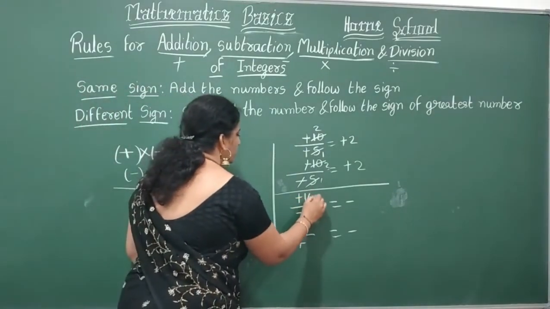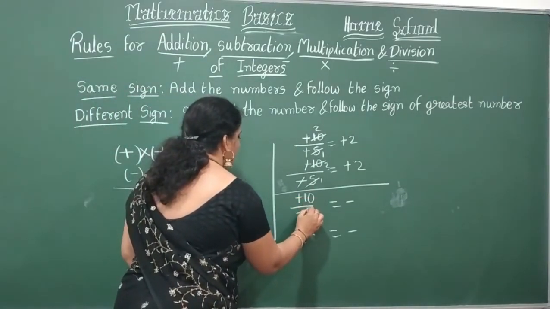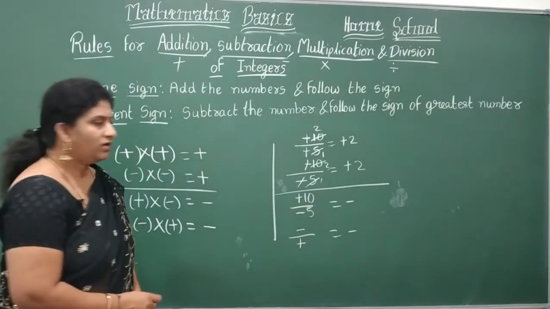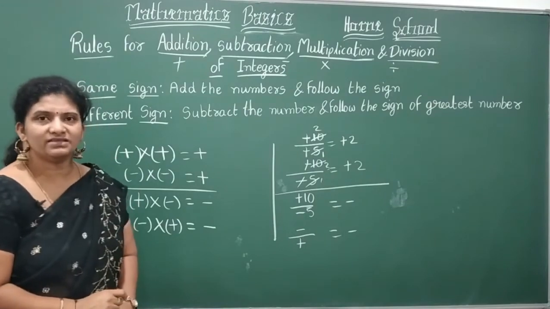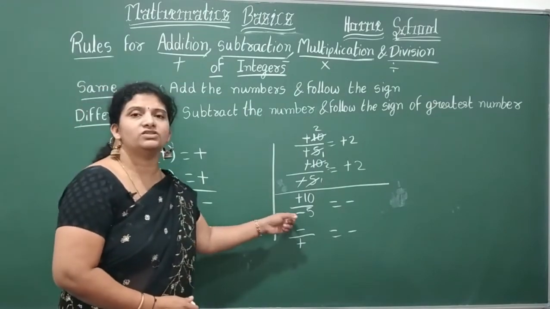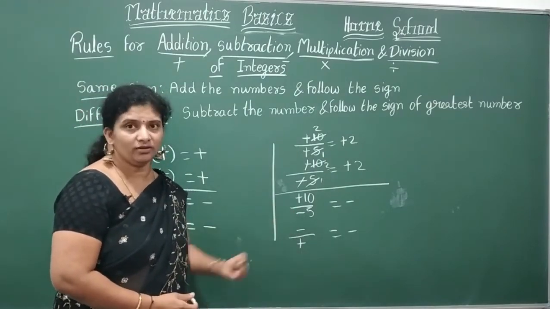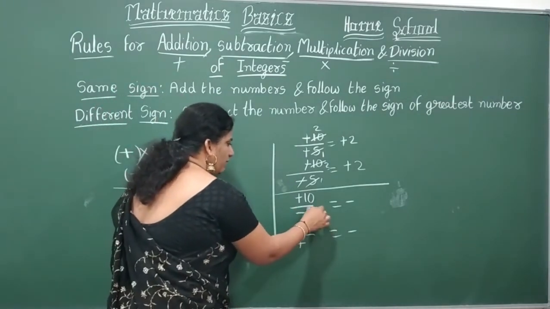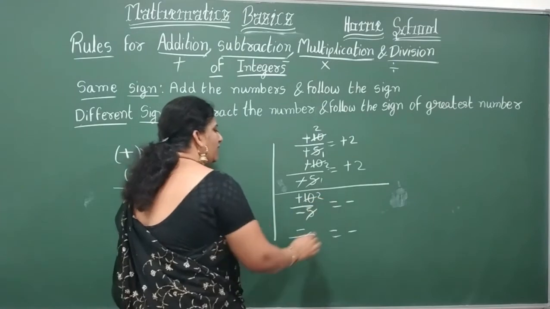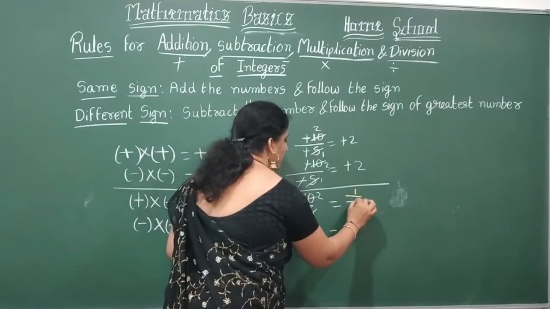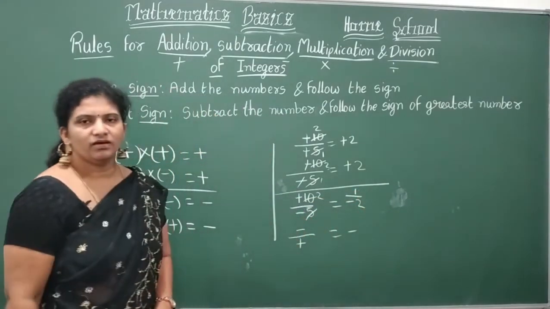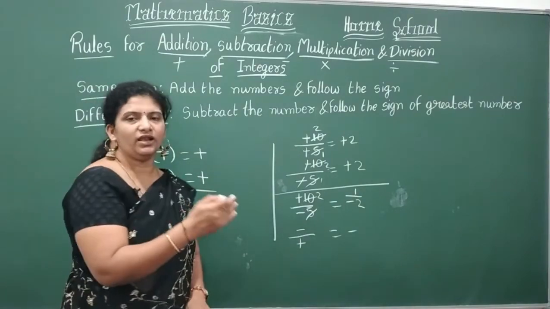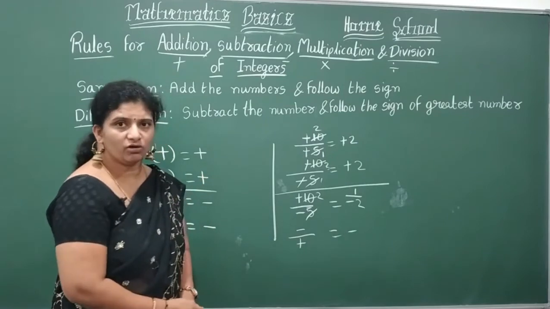Suppose you get plus 10 by minus 5 here. Okay, so now how do you write this number, children? Many of the children will go wrong here. So what happens here? Plus by minus will be minus. 5 2s are 10. See here, it will be 1 by minus 2. Right? When you are multiplying, you can send your negative sign to the numerator also.